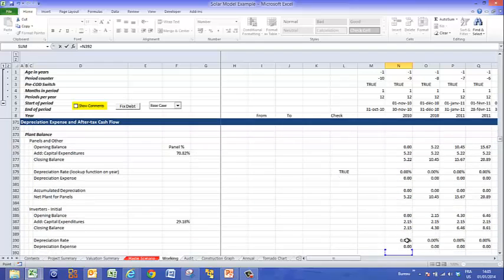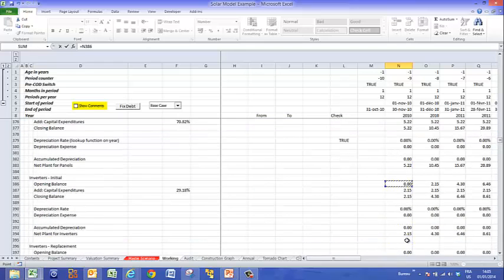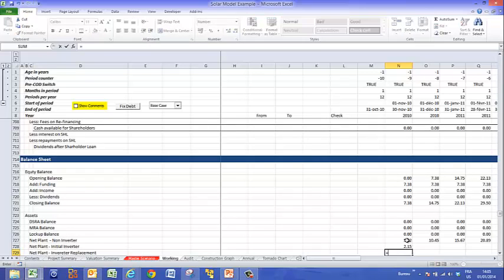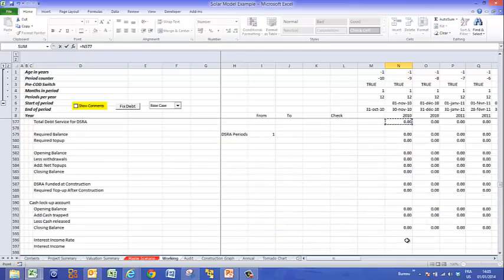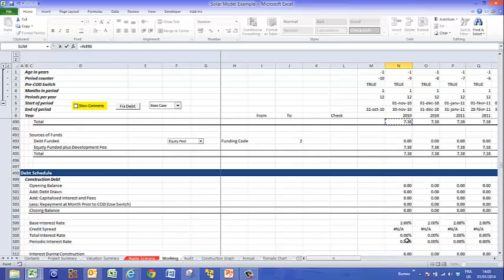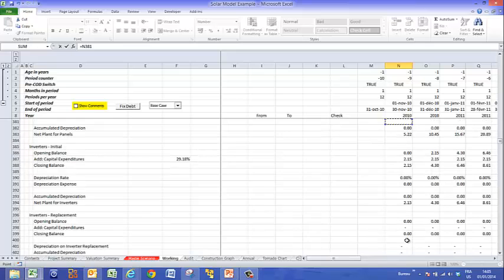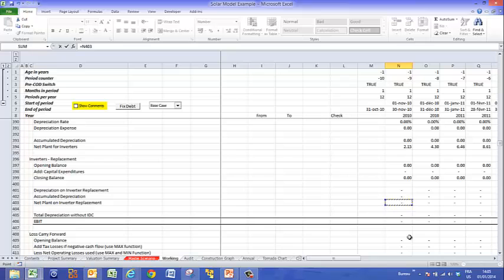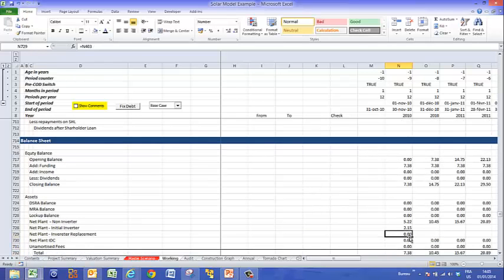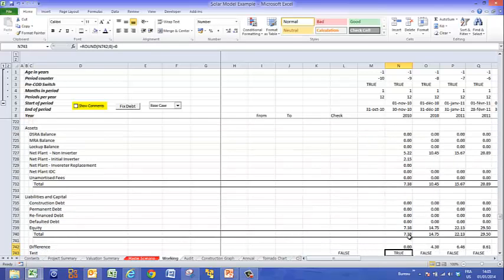We first put just the panels and others, and then I hope somewhere I have a net plant balance for the initial inverters, and then we can do the same thing and go up and find the net plant balance for the replacement of the inverters, and hopefully it sums.